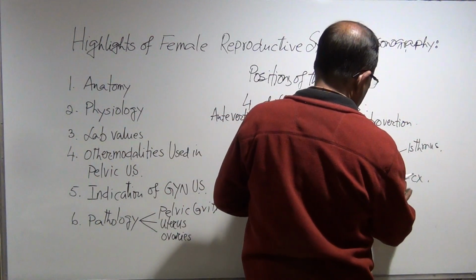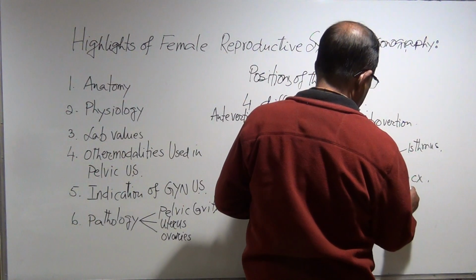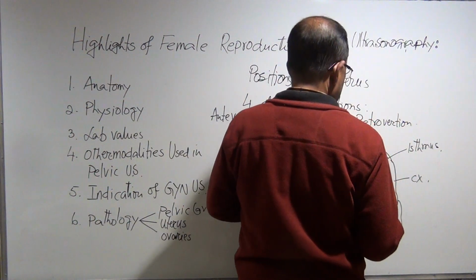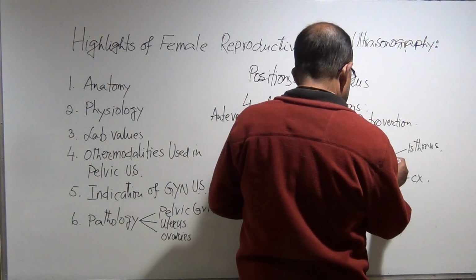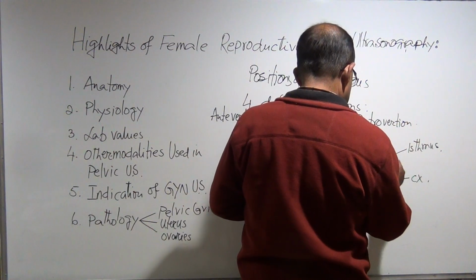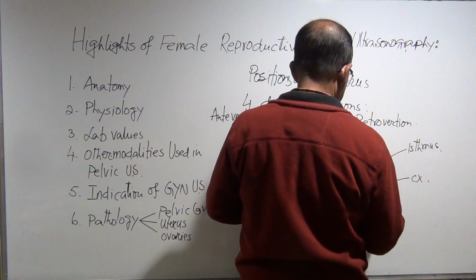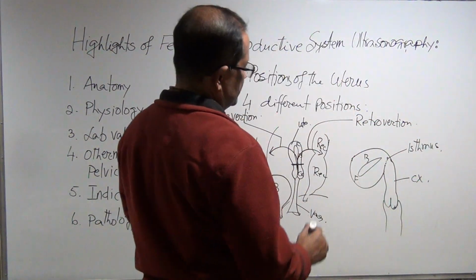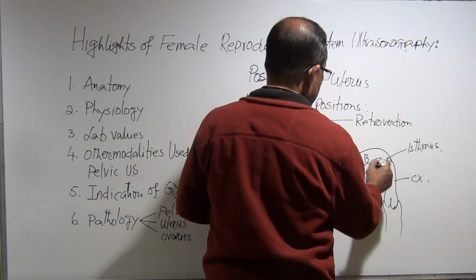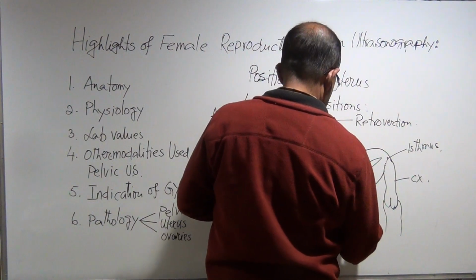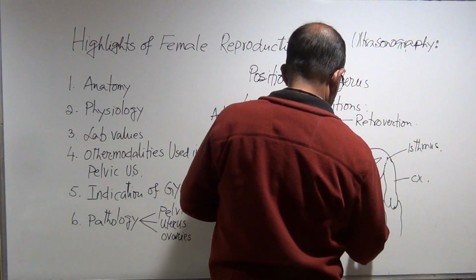Okay, you can make it a little healthy. And this is body and fundus. This is fundus and this is body. And this is endometrium.